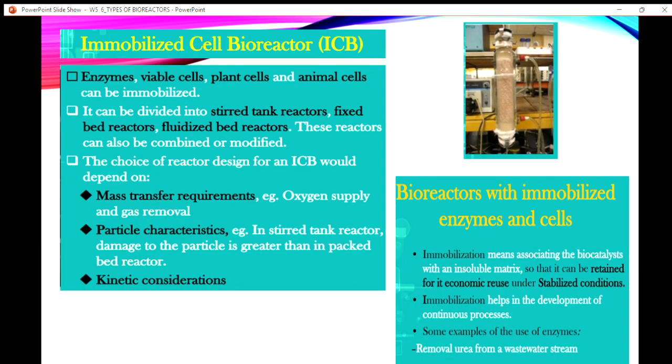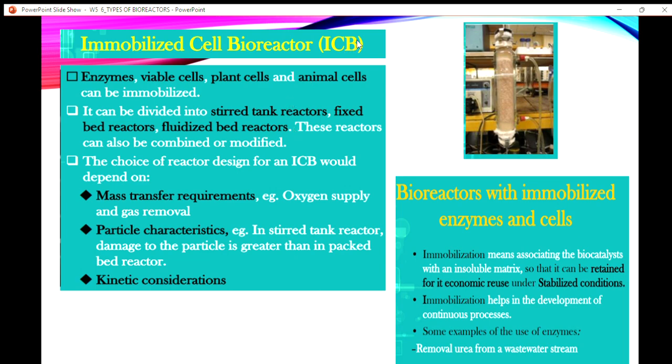Next, we have learned the continuous stirred tank and also the pneumatically agitated bioreactor. So next is immobilized. For stirred tank you have the stirrer; the pneumatically agitated bioreactor has no mechanical agitation system, but is based on the movement of the gas.